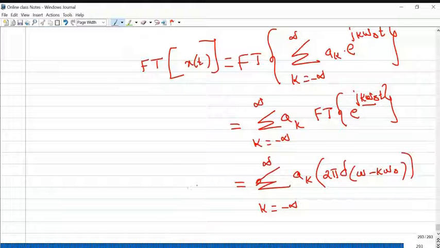So this is the formula for the Fourier transform of a periodic signal: summation a k 2 pi delta of omega minus k omega naught. What is a k? a k is the Fourier series coefficient only.